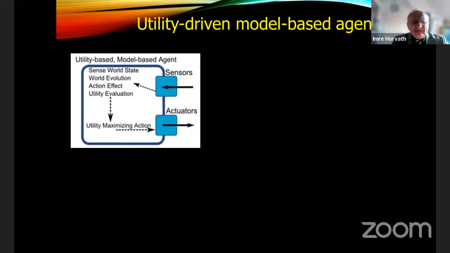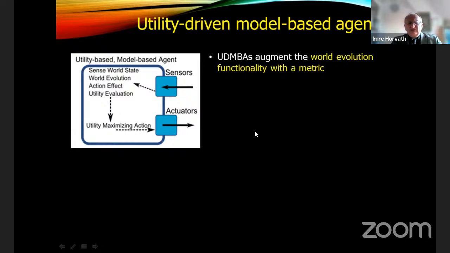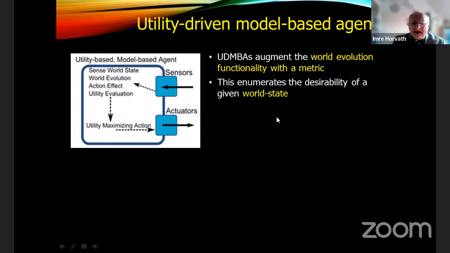And on the input side, the only difference is a utility evaluation, which is related to the representation of the world generated based on the sensorial or knowledge information which is available. So the utility-driven model-based agent augments the world evolution functionality with a metric, because otherwise it cannot make decisions.